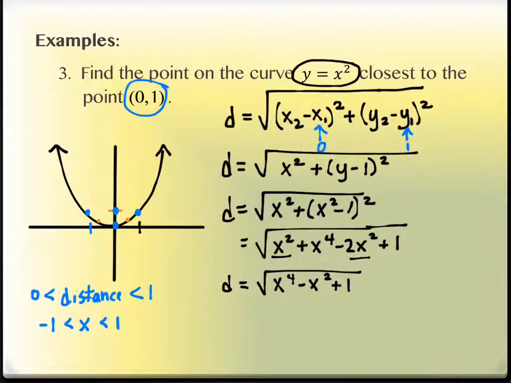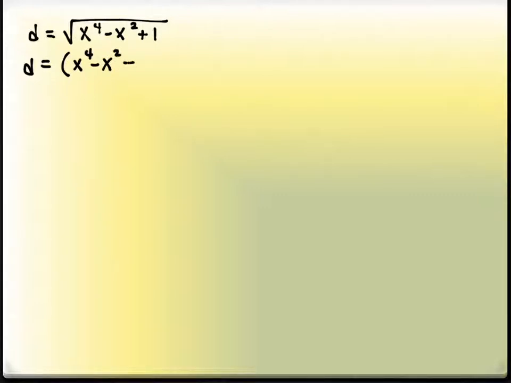Now I'm ready for the calculus, right? What kind of rule am I going to need in order to take the derivative of this function? Chain rule, very good. Let me rewrite it one time. How else might be more helpful for this to be rewritten? To the 1/2 power, right? You don't actually have to rewrite it. You can just think it if you want to as you're processing through. That's okay.